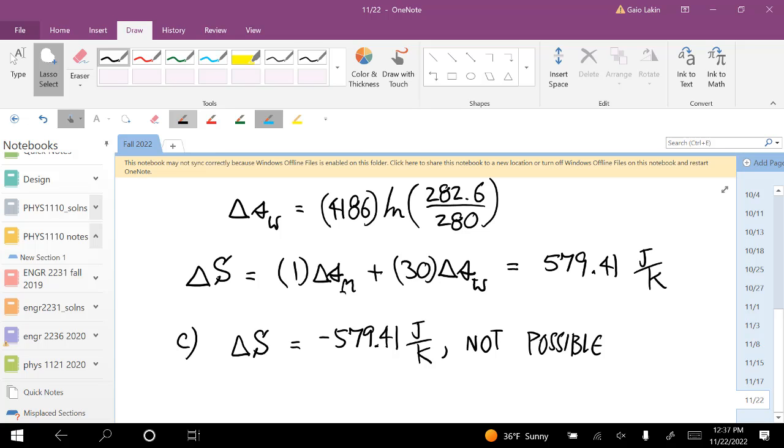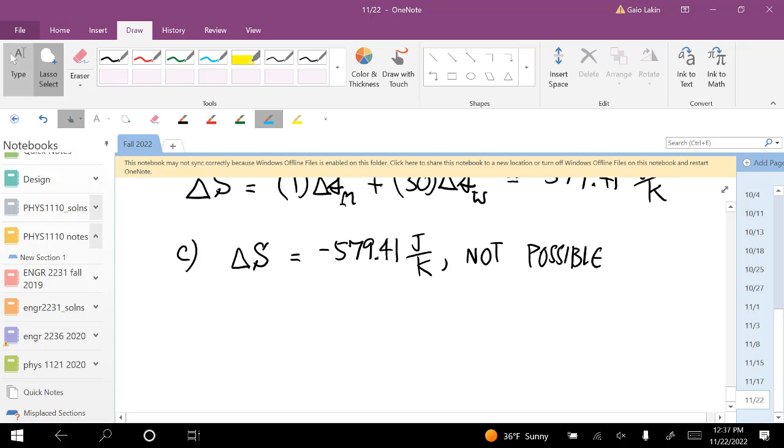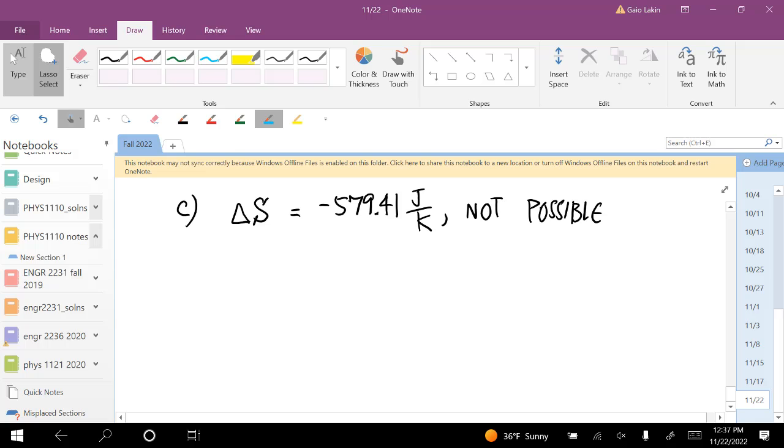So the next thing, let's go on to the homework problems for the Rankine power cycle.